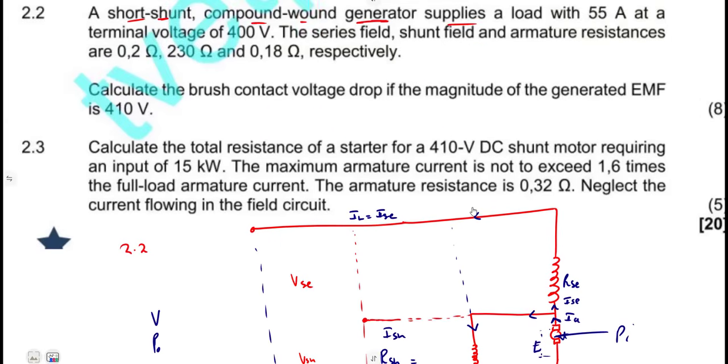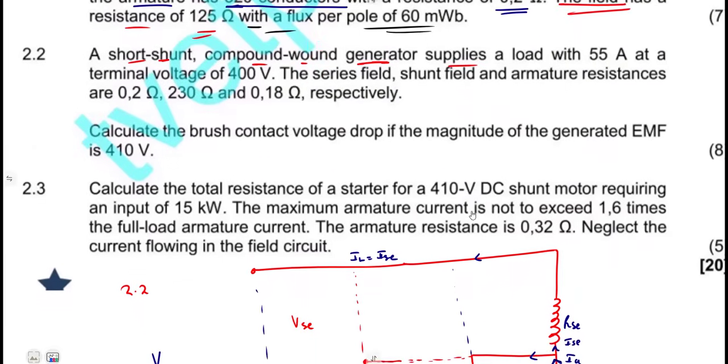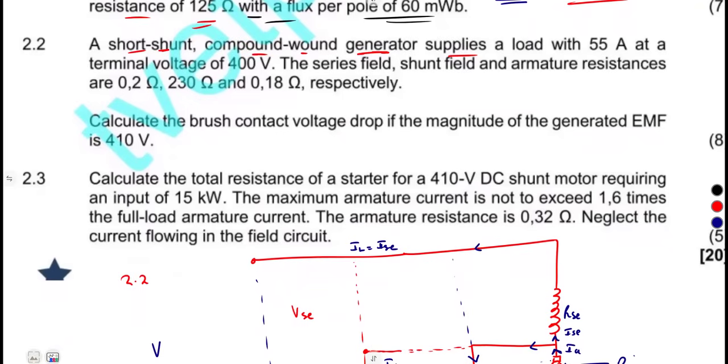All right, so let us get into this and try to figure out from what we are given. So they're saying here it supplies a load of 55 amps. So this is the load which is 55 amps, same as our series field, all right, same current. At the terminal voltage of 400 volts. So they made an error on the terminal volt. It is not 400.